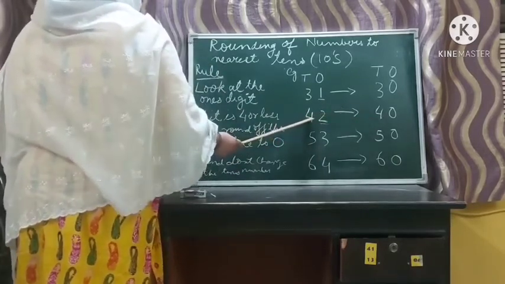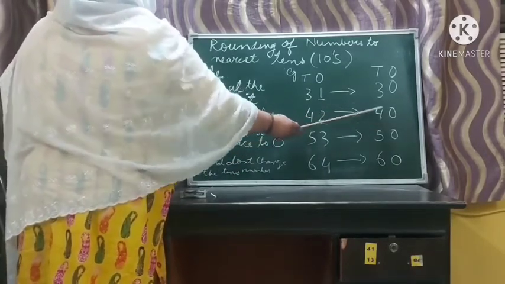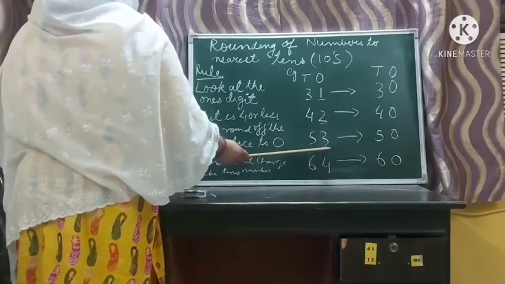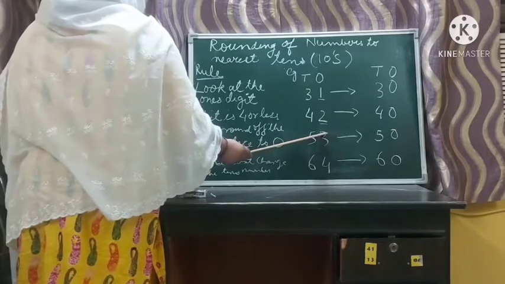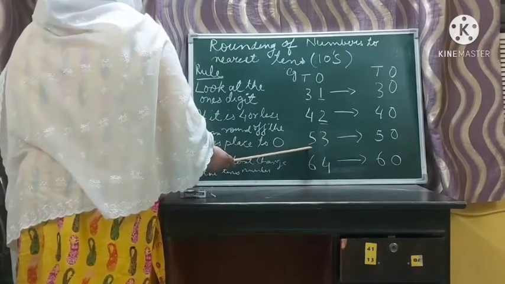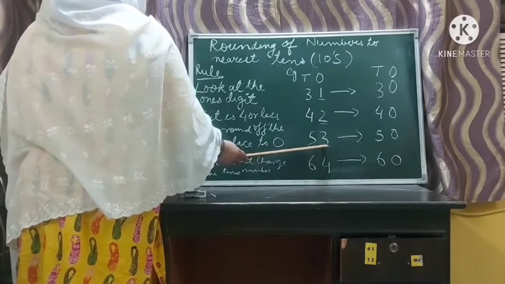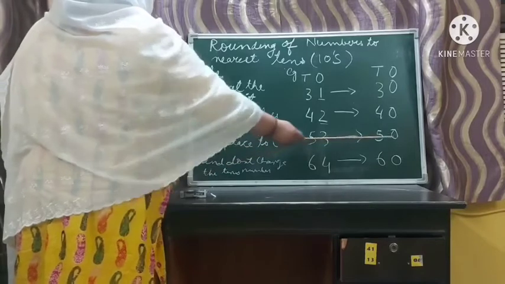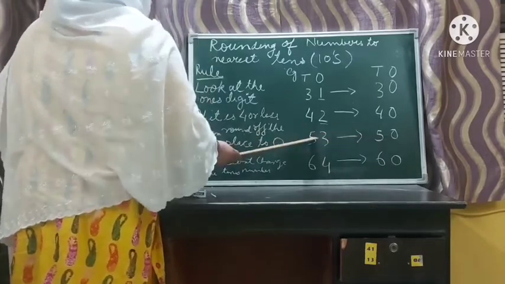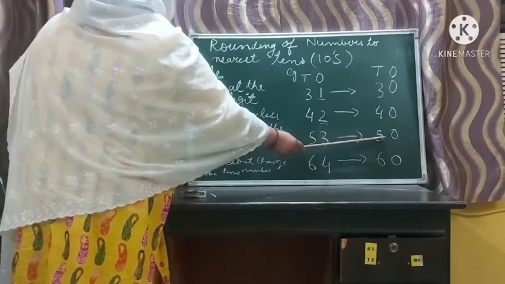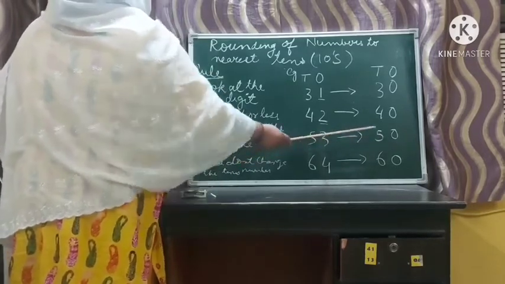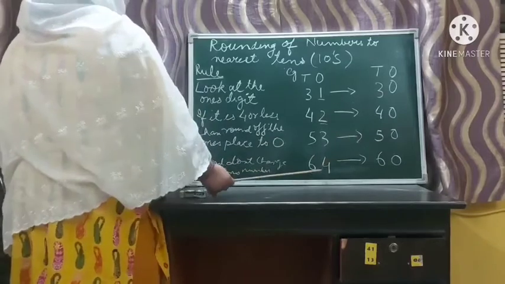The tens place is 4 and you have written it as 4. Then see the third example, 53. In this the ones place is 3 and the tens place is 5. So it is less than 4. So instead of 3 you will write 0 and copy the number at the tens place as such. So 5 will be copied as such and 53 will round off to 50.